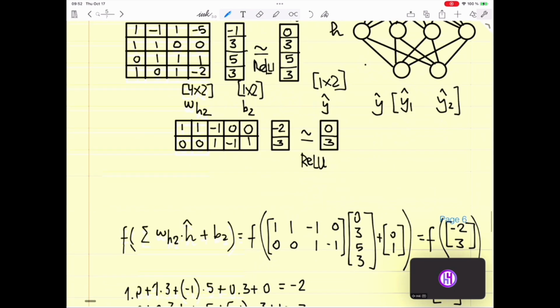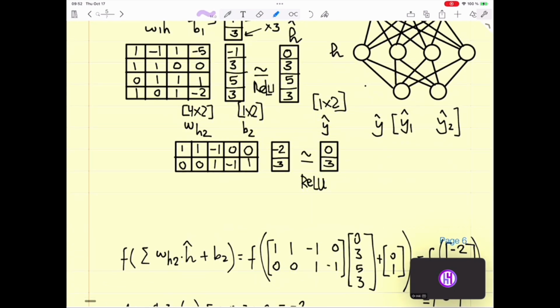Again, it's just like multiplying 1 times 0, 1 times 3, minus 1 times 5, 0 times 3 plus 0, and 0 times 0, 0 times 3, 1 times 5, minus 1 times 3, plus 1 equal 3. If you have issues following, just look at the video, you will see the sequence there.